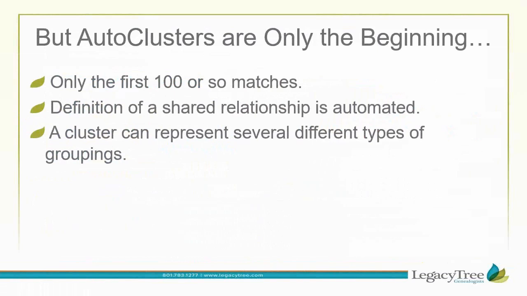One of the other challenges in using the AutoCluster report is that MyHeritage actually automatically defines for that AutoCluster what is considered a shared relationship, right? Many of us, if we have any ancestry from any similar populations, will share DNA with a lot of people from that population.